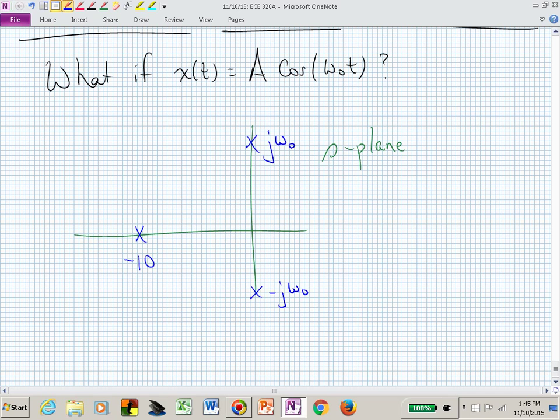What's going to result from this picture? What's going to happen in the time domain? Now you are shaking this low-pass filter at omega naught. It's going forever, isn't it? It's painful. It just keeps going and going. Because why? Those poles are where? Right on the imaginary axis. There's no decay. There's no exponential decay.